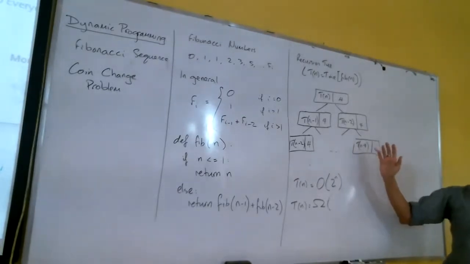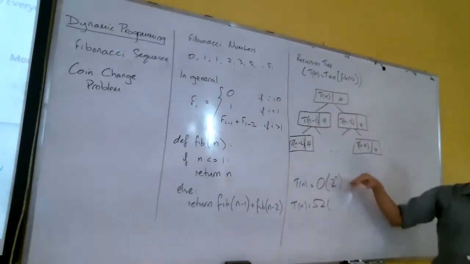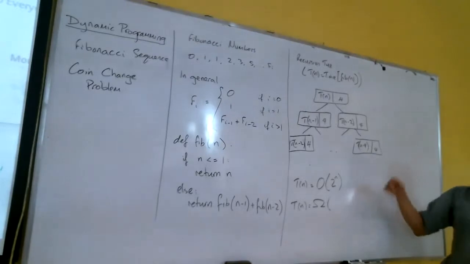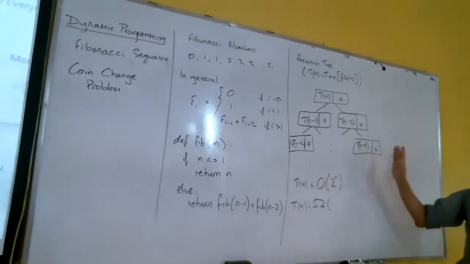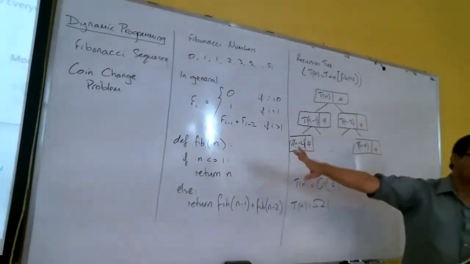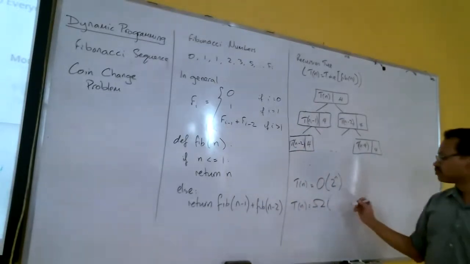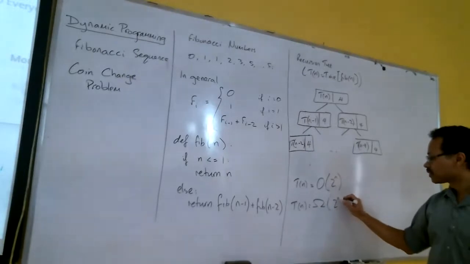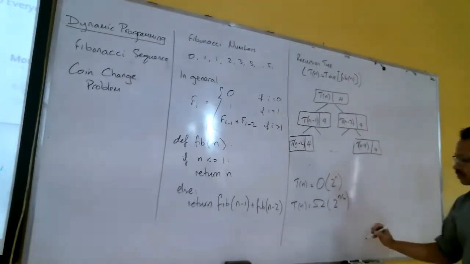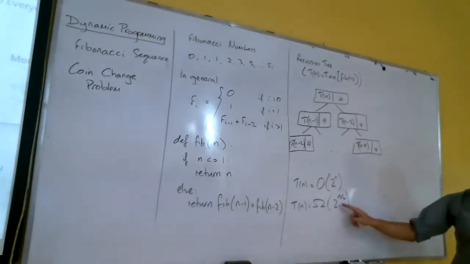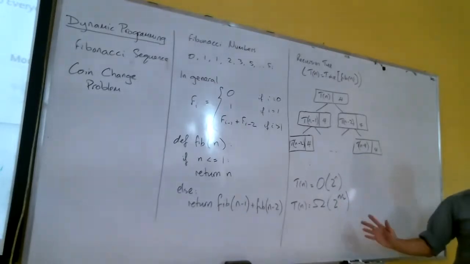And what that says is that the total amount of work is definitely at least 2 raised to that power, because for every node on this side, there is a sibling on the left, right? So there are at least 2 raised to the n over 2 nodes in total, each carrying an overhead of 4. But the point here is that this 2 to the half is really the square root of 2. So this is the same as square root of 2 to the n.